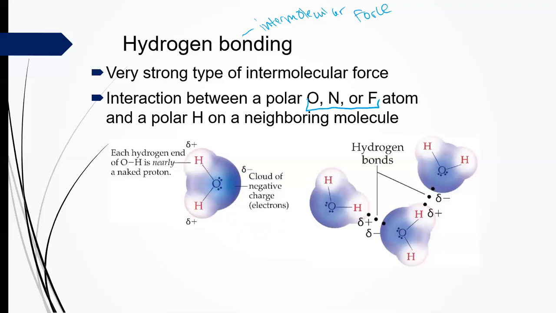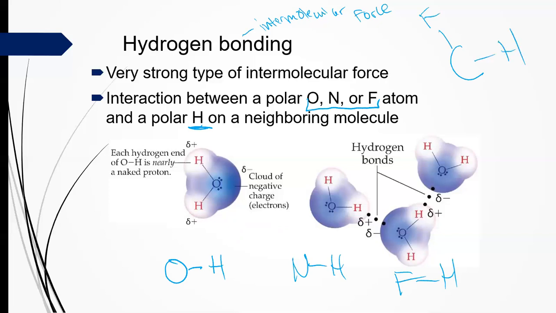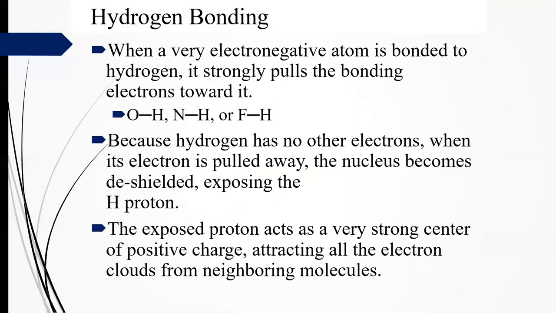So hydrogen bonds can only occur when a hydrogen atom is directly connected to one. So you have to have a molecule that looks like an O connected with an H, an N connected to an H, or an F connected to an H. If you have a carbon connected to a fluorine and a hydrogen, there's no hydrogen bond because they're too far apart. They have to be directly connected to each other.